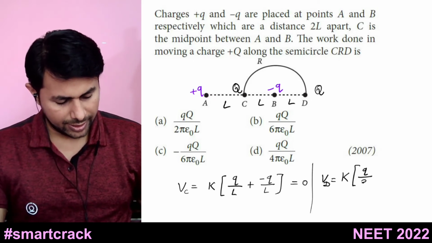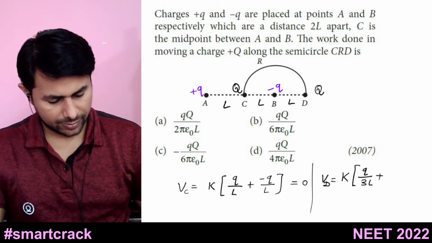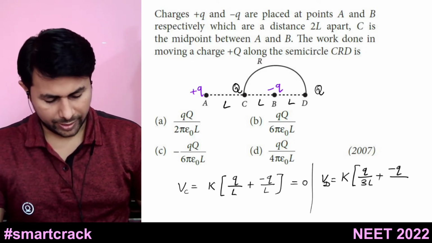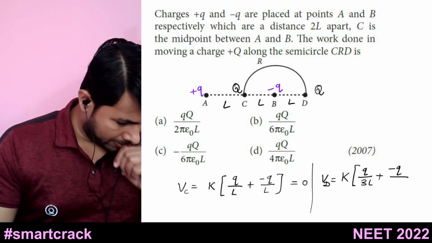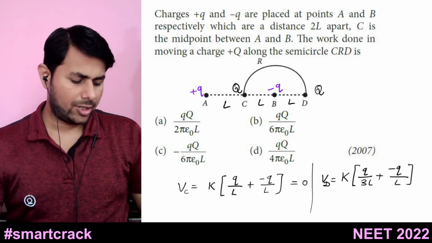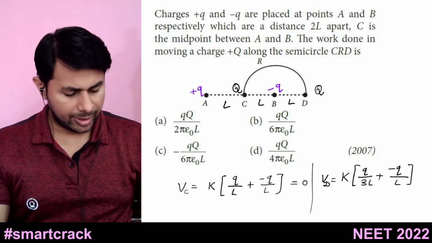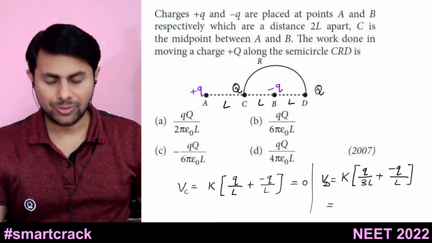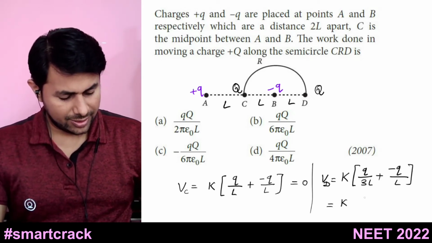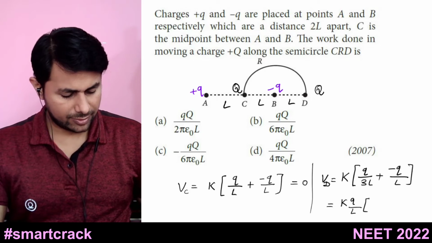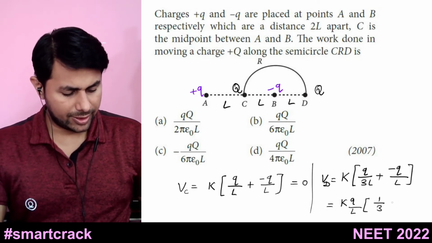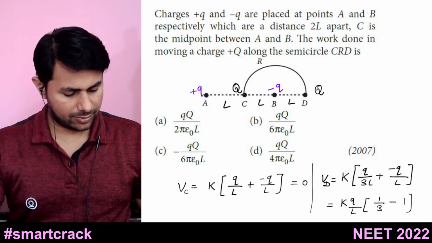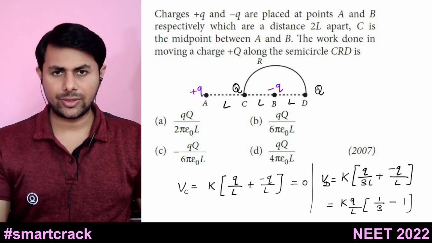So Q over 3L plus minus Q over this distance, L. So we can take Q over L common. So this is K into Q over L multiplied by 1 over 3, and here we have minus 1. Okay, so that should be minus 2 over 3.